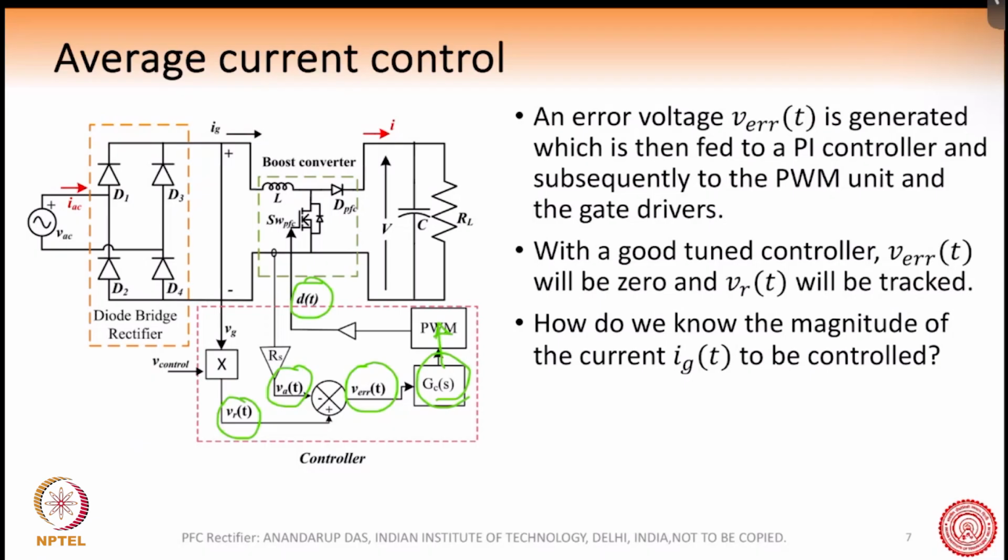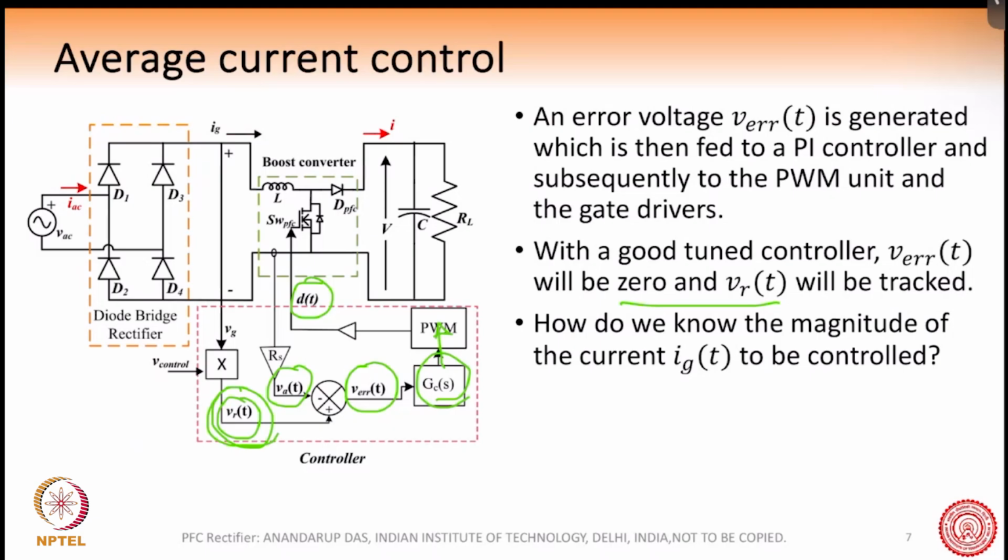Now, if we have a very well tuned controller, then this V error will be 0 and therefore VR and VA will be accurately tracked. So we do not have to do extra things for getting the shape or the frequency of the current, because as I told you in the previous slide, VRT takes care of the whole thing.